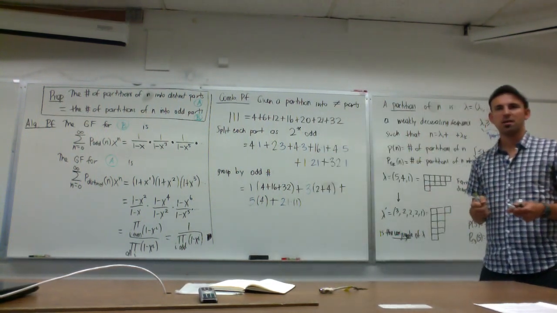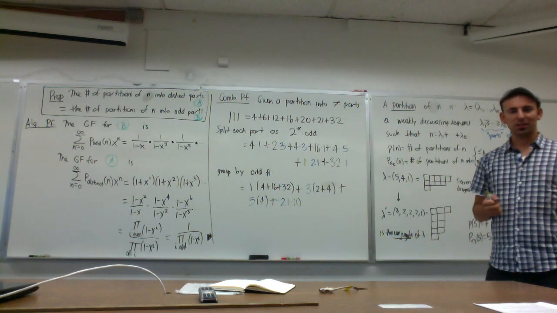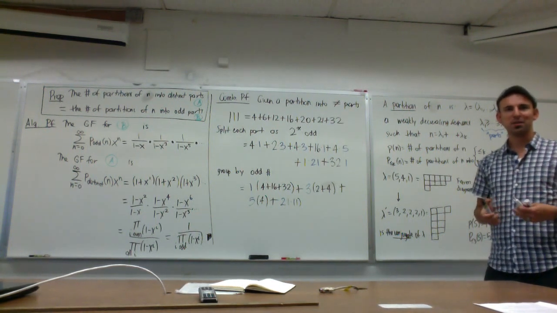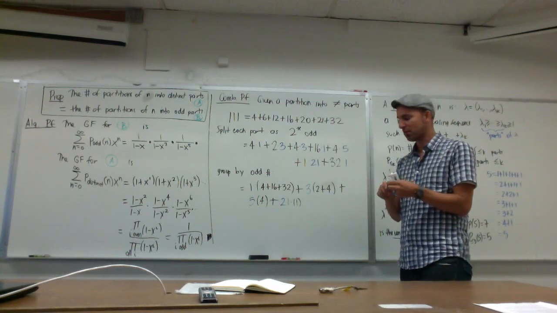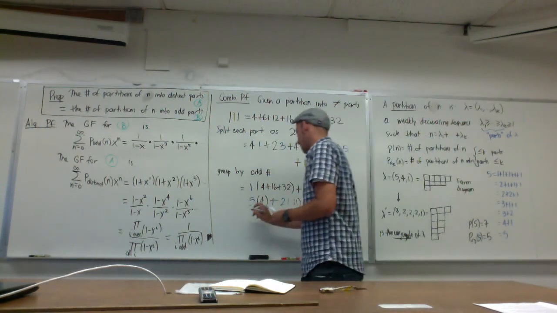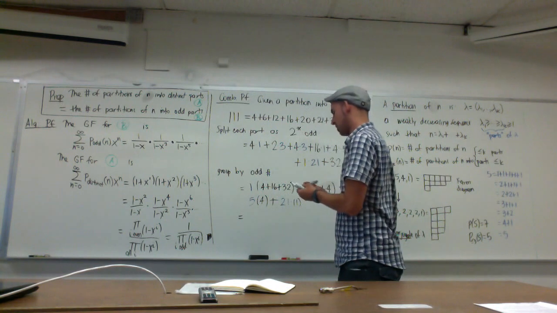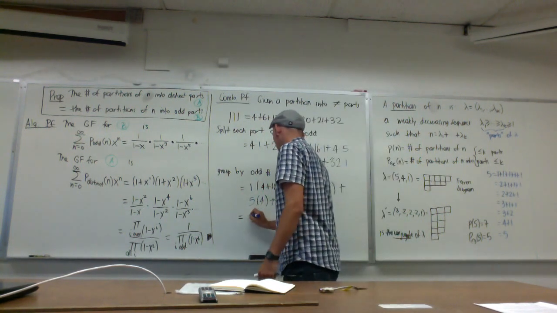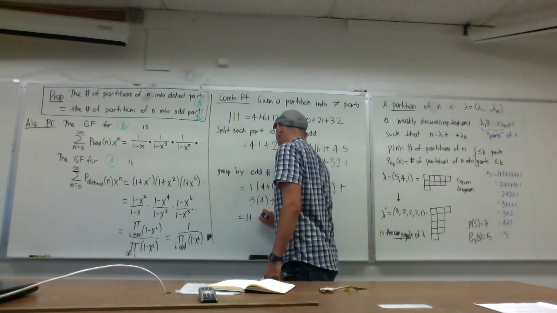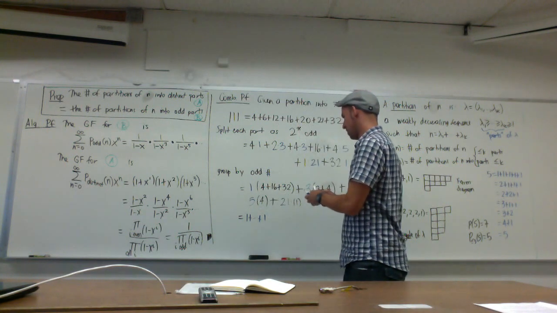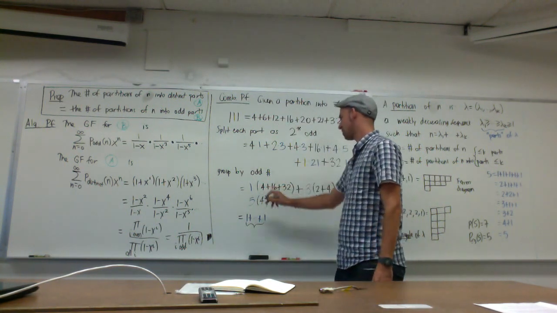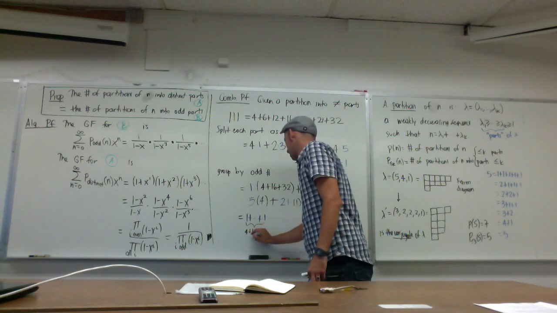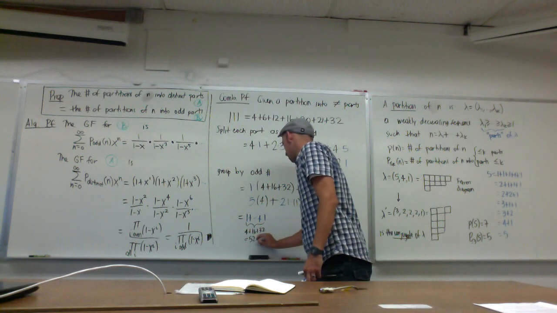Okay? And I want a partition into only odd parts, and so I think the most natural thing to do, well, I'm allowed to repeat parts now. So I'm going to write equals just 1 plus 1 plus 1 plus 1 plus 1. How many times? 4 plus 16 plus 32 equals 52 times.